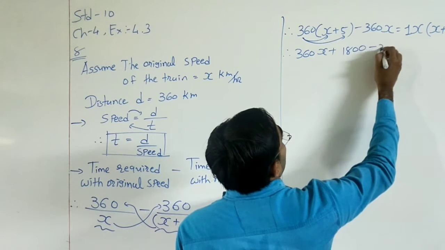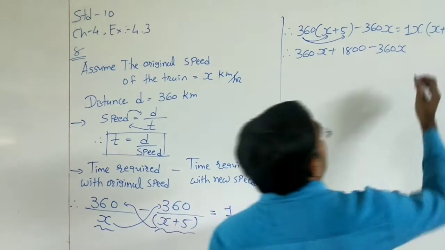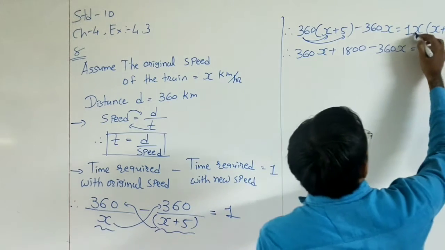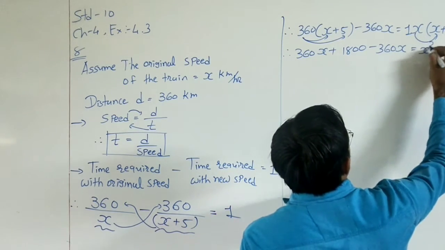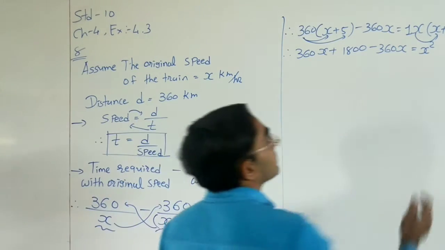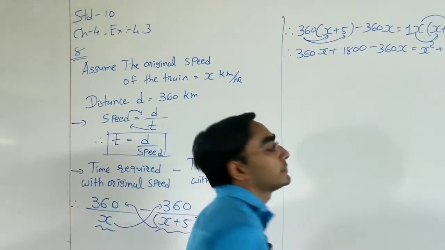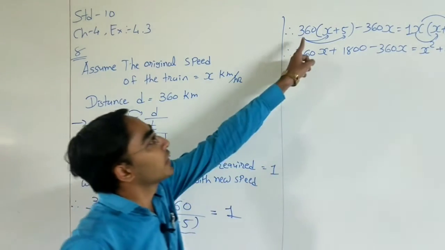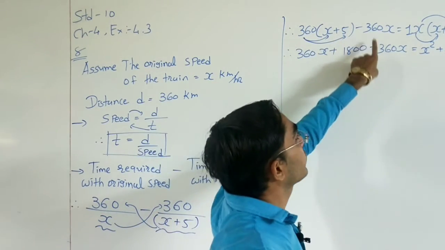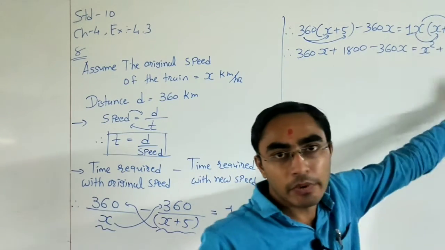Here we have minus 360x, is equal to 1 times x, that means x only, multiplied with x plus 5. x multiplied with x is x square, plus x multiplied with 5 is 5x. So we have 360x plus 1800 minus 360x as it is, equal to x square plus 5x.